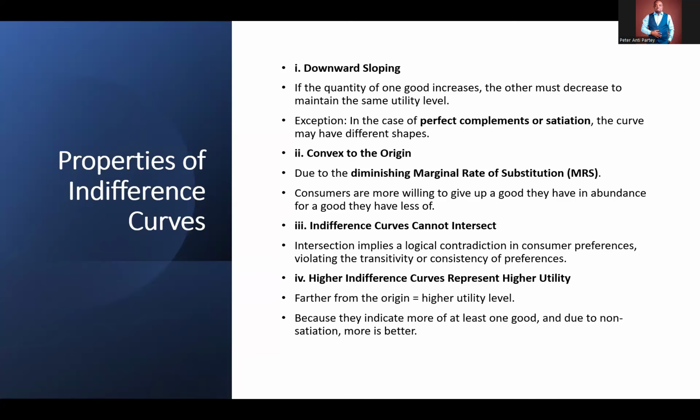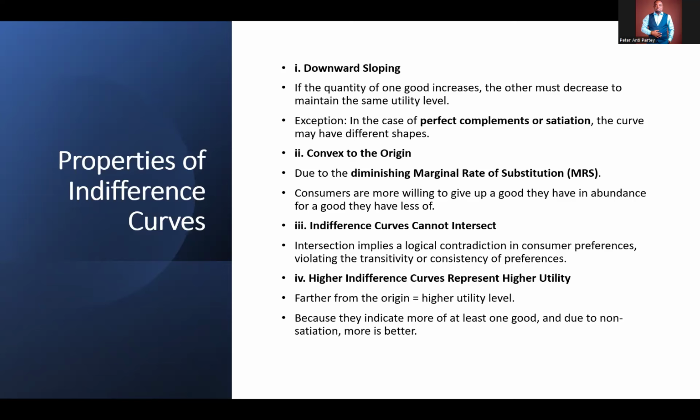I just demonstrated this one to you. Then the third one is that indifference curves cannot intersect. I've done this one too. Intersection implies a logical contradiction in consumer preferences, violating the transitivity or consistency of preferences. I've explained this one too.